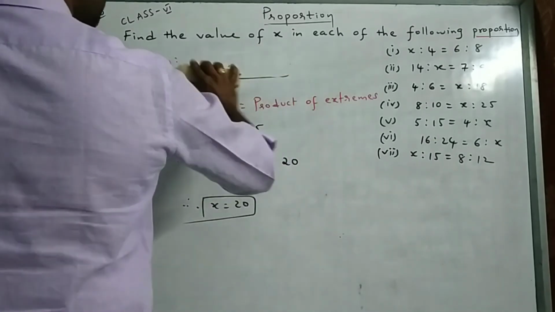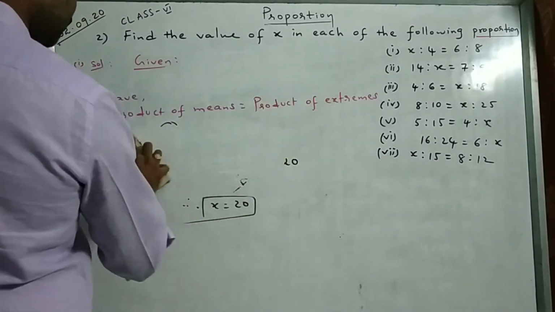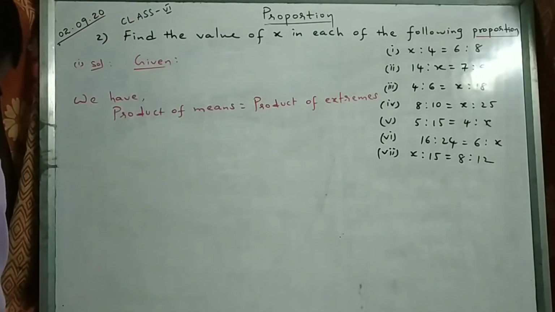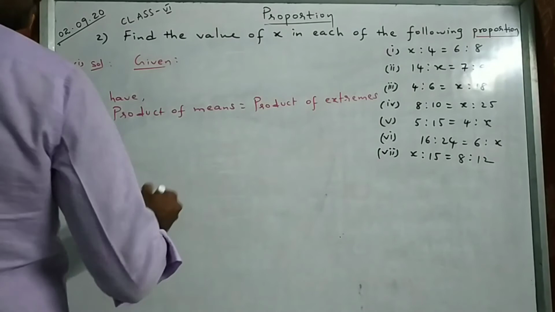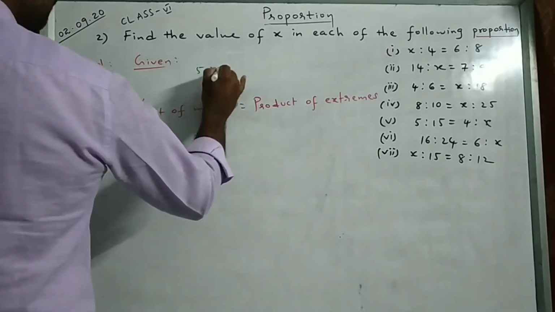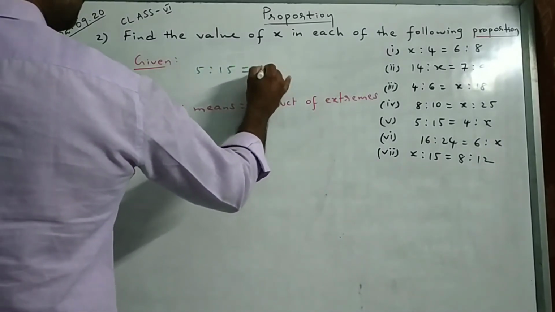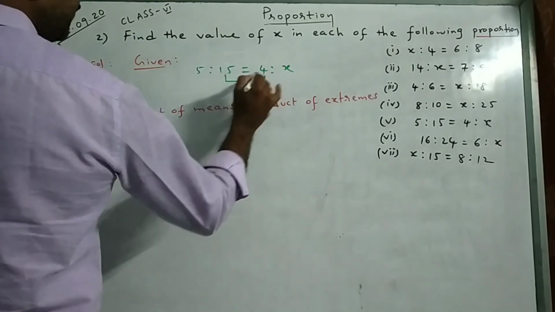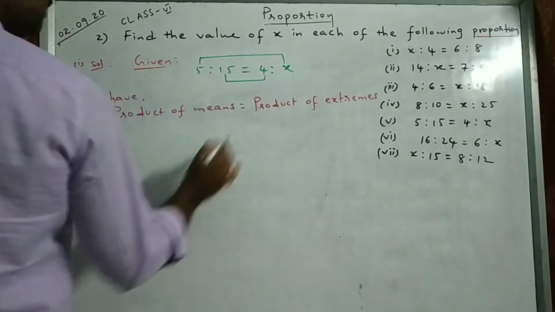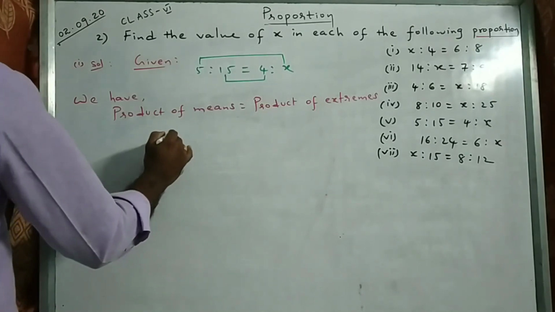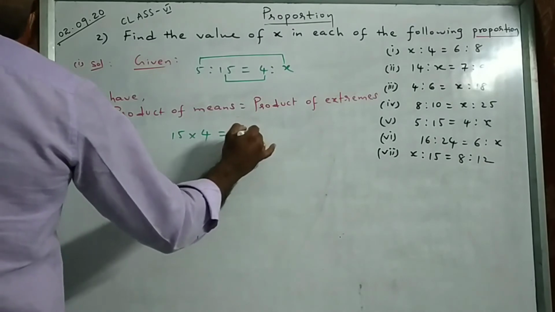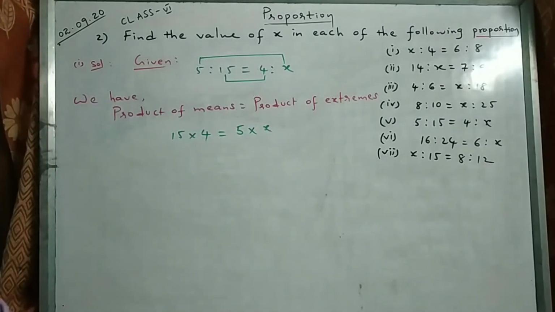Next one. 5 is to 15 is equal to 4 is to x. What are the means here? 15 and 4, extremes 5 and x. So product of means 15 into 4 is equal to product of extremes 5 into x.